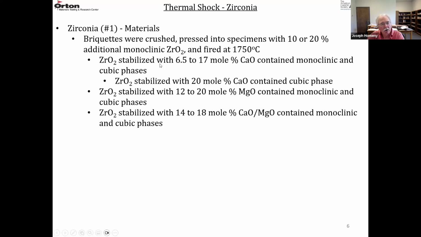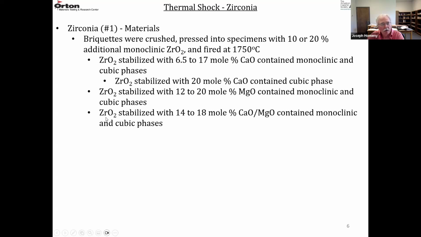So the zirconia stabilized with the 6.5 or 17 mole% lime contained both monoclinic and cubic phases. And then the zirconia stabilized with just 20 mole% lime contained just a cubic phase. And then the zirconia stabilized with anywhere from 12 to 20 mole% MgO contained both monoclinic and cubic.